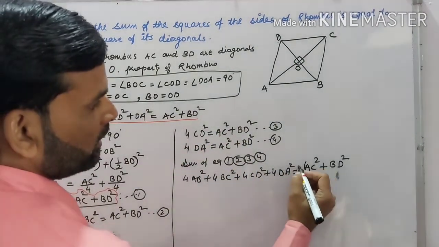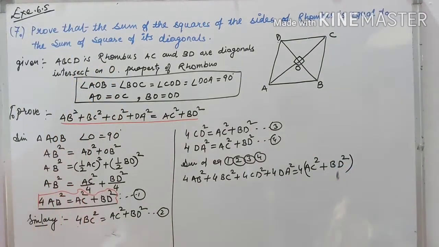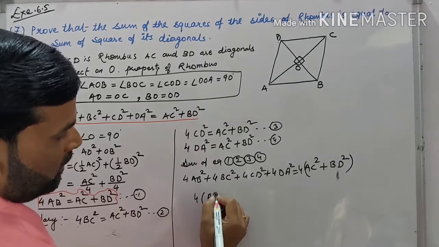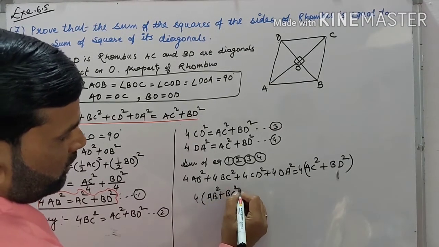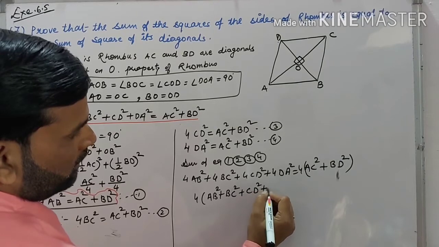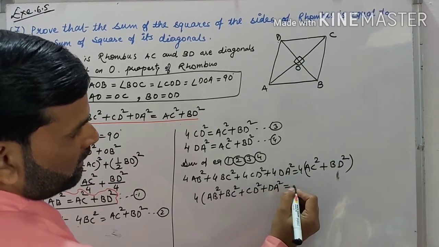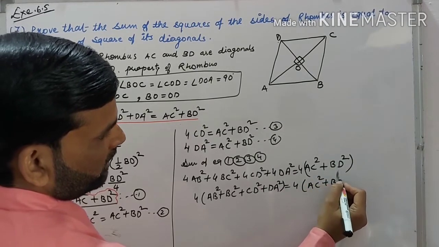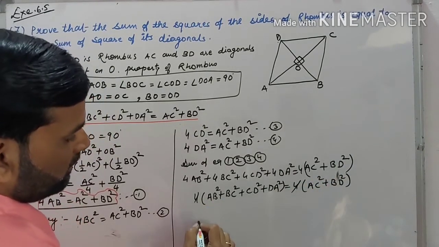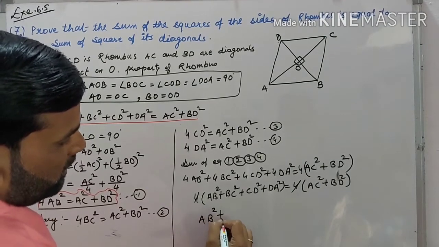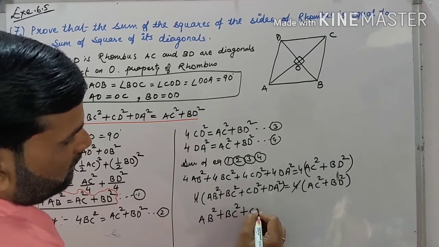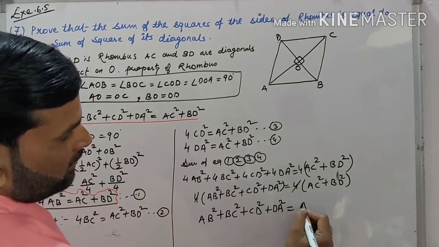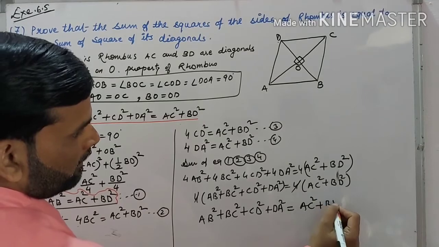So you write it in bracket, and 4 is also common. So AB square plus BC square plus CD square plus DA square is equal to 4 in bracket AC square plus BD square. 4 and 4 cancel, so AB square plus BC square plus CD square plus DA square is equal to AC square plus BD square.